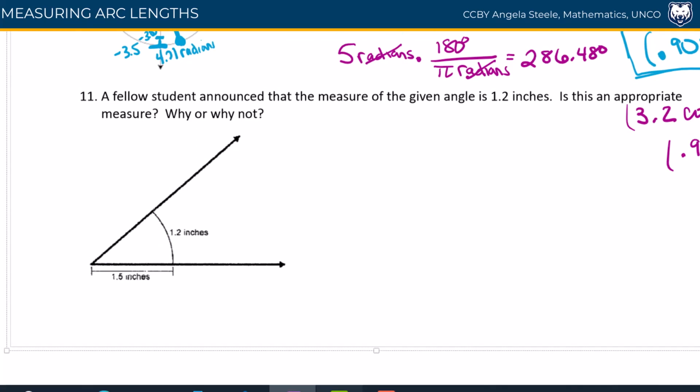So if we think about drawing a circle, we want a fraction of that circle. And so that way it doesn't matter how big or how small that circle gets, we're still thinking about it as a fraction of that circle's circumference. So we could say that angles must be measured as a fraction of the circle's circumference cut off by the angle rays.